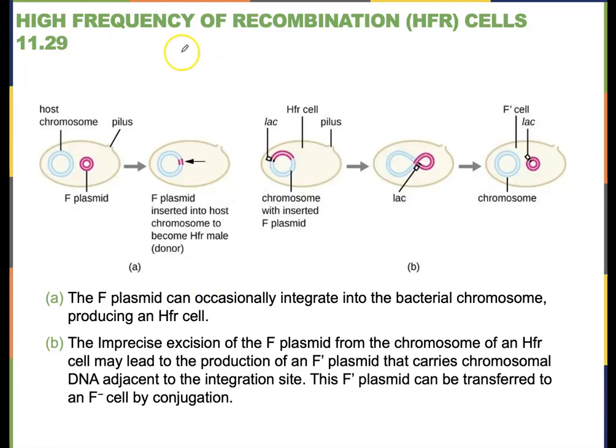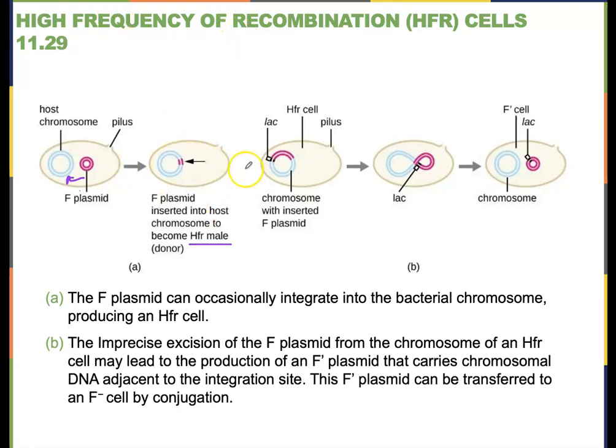Now, there is a special circumstance: if the F plasmid actually inserted itself into the genome and just became part of the bacterial genome, then that cell is called an HFR. Male, let's just do quotes. HFR stands for high frequency of recombination.